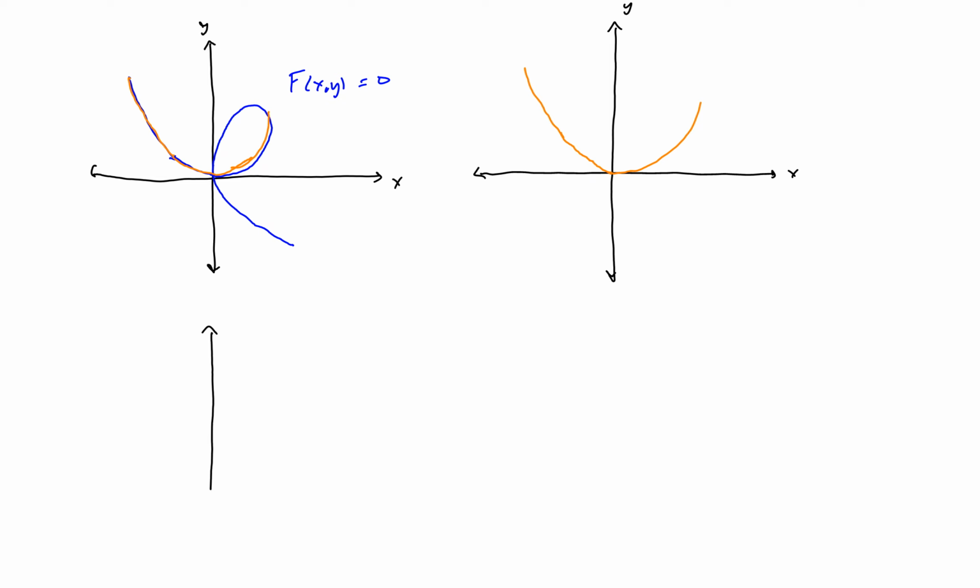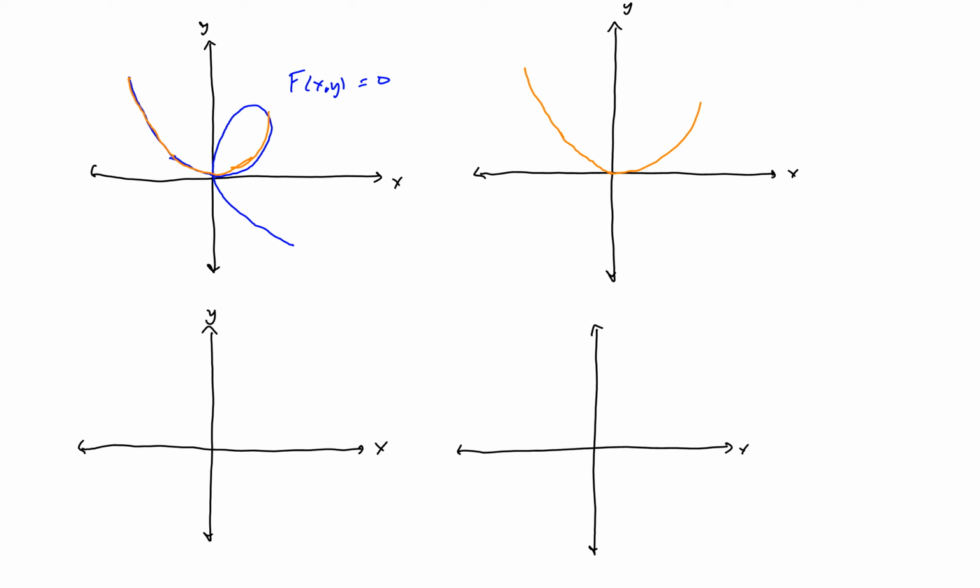Then we can consider the other pieces that are still left over. I have the part that finishes this part of the loop, and then the part that goes off like this. We can see each of the orange pieces here is a function, and all together they give us the whole curve.